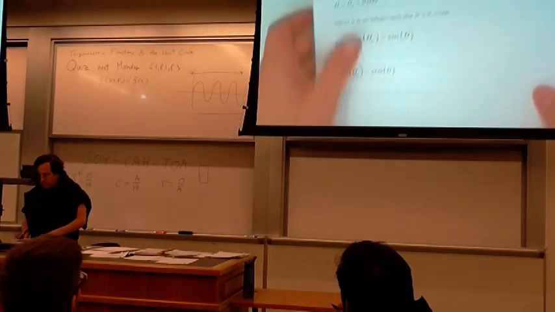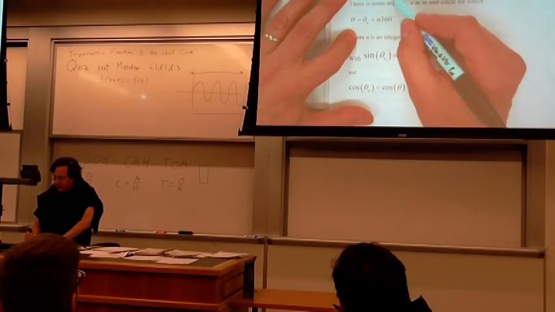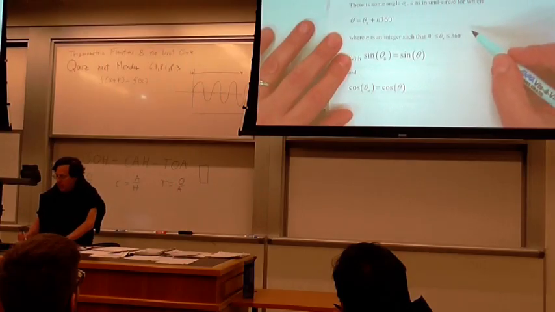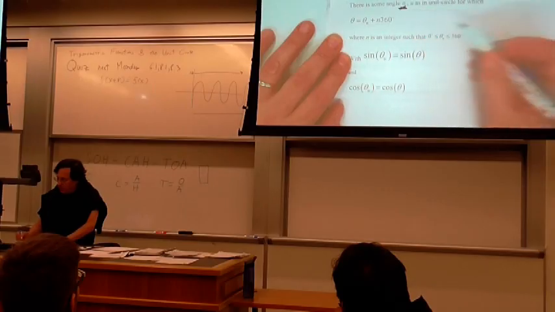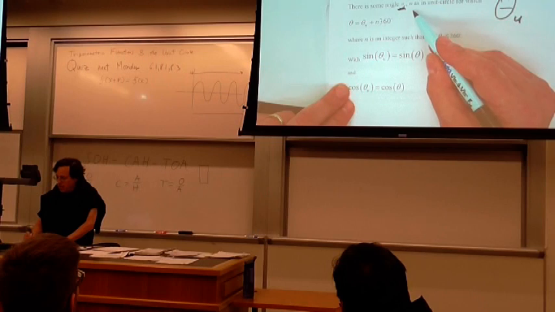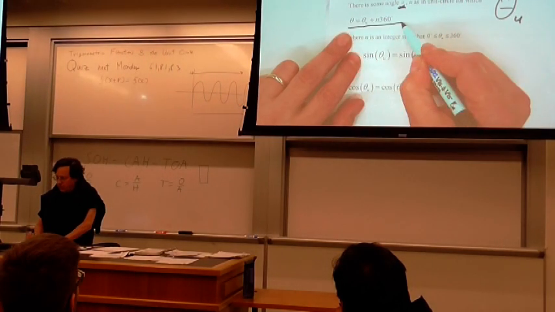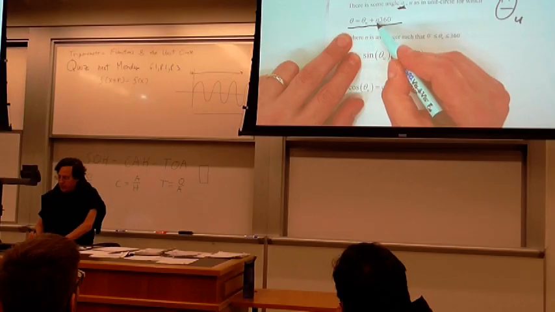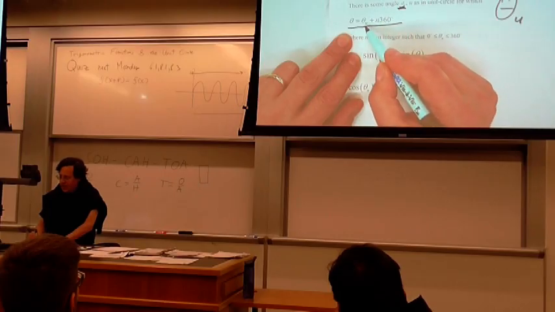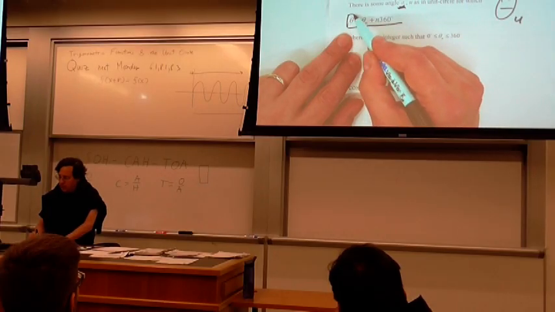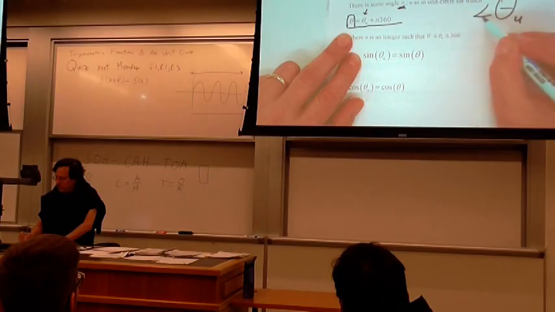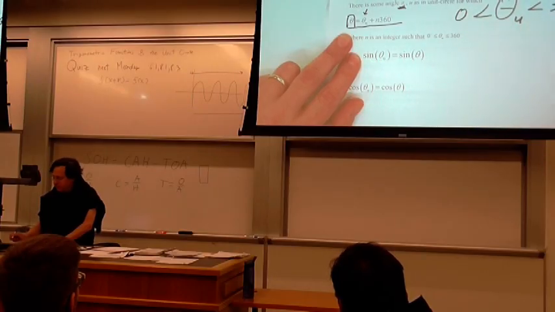If you have an angle that's either less than 0 or greater than 360, then there's some angle, which I'm going to call theta sub u, for which this is true: for some integer n, you can add n times 360 degrees to that angle and get the angle you're looking for, with theta sub u between 0 and 360 degrees.